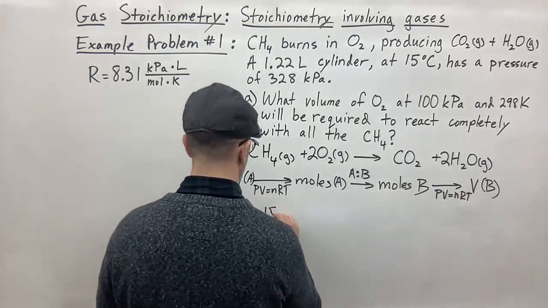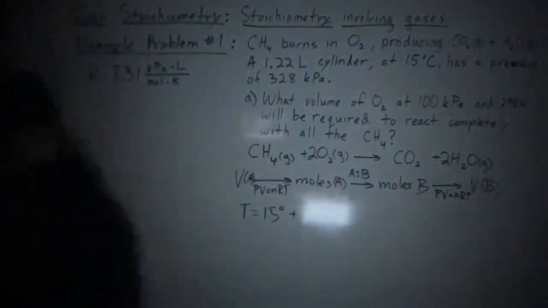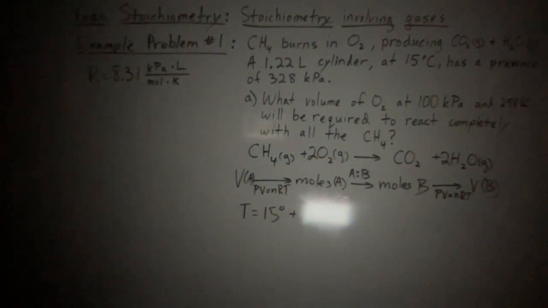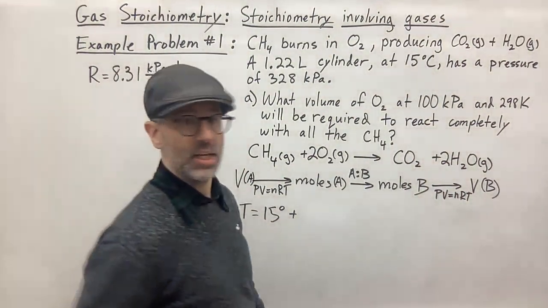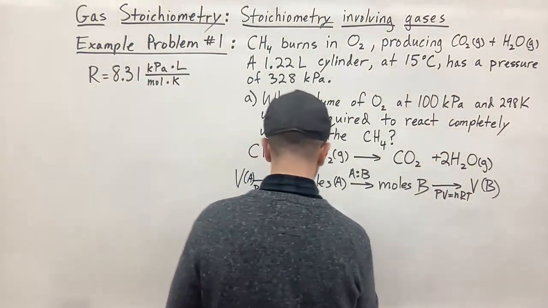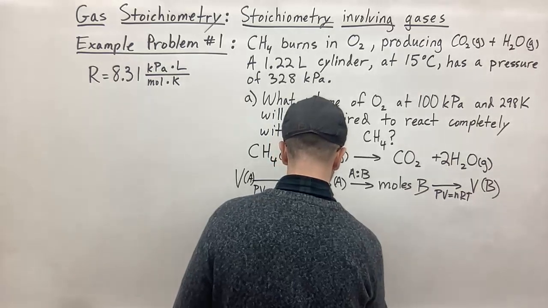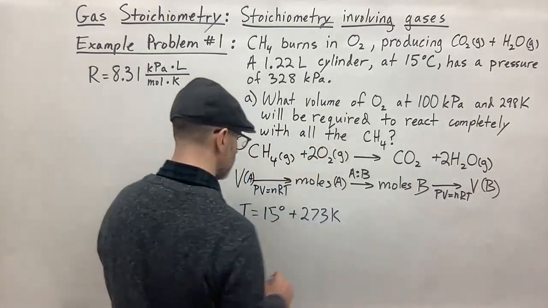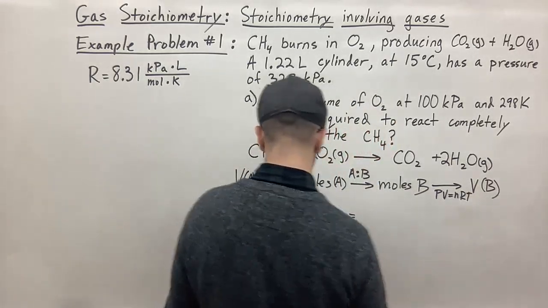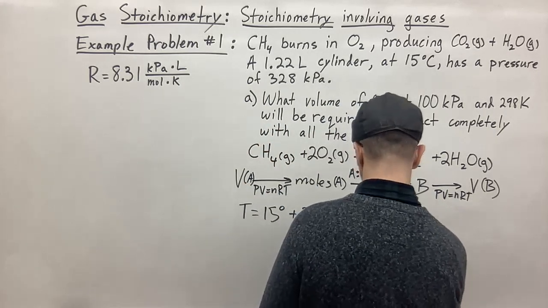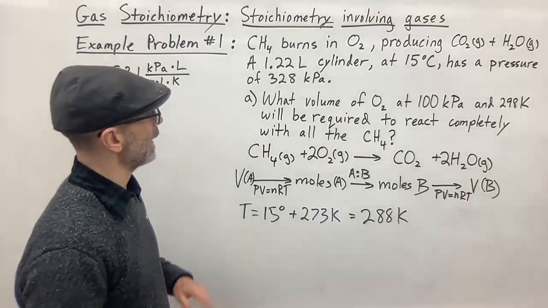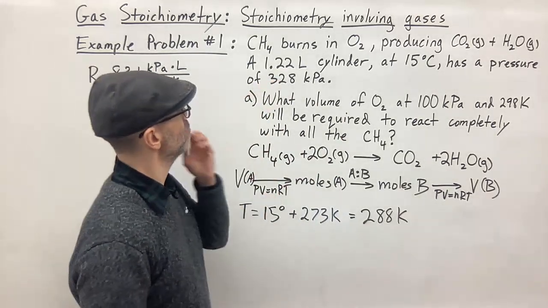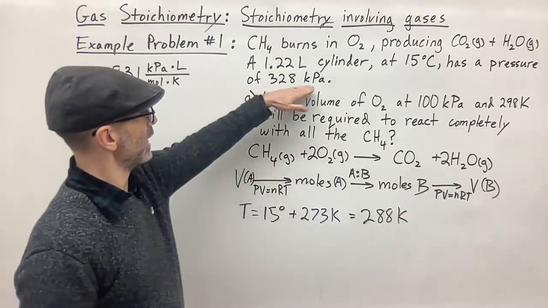So 15 degrees plus 273 gives us 288 Kelvin. So there's our temperature. And we've got liters and we've got kilopascals.